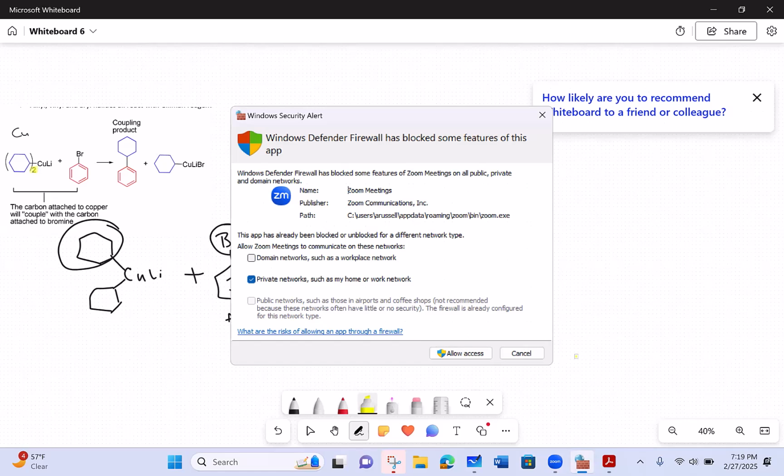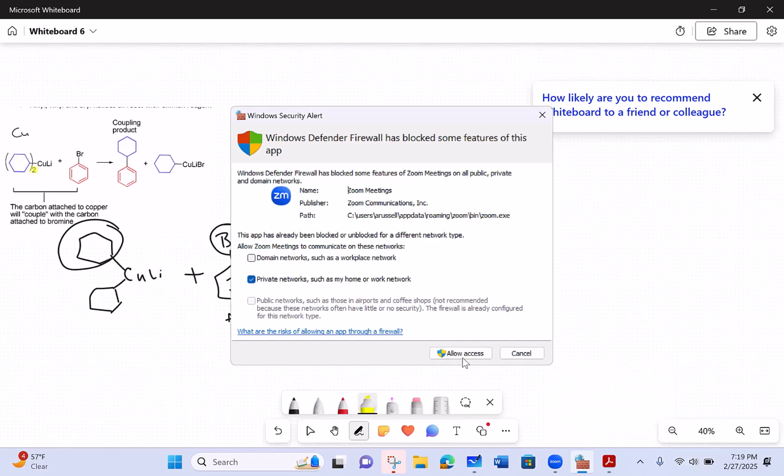So is it the coupling? Is it the addition to carbonyls? Because we've talked about this in terms of only 2 applications, right? Coupling reactions and then carbonyl additions. So which one is the most problematic? I'm looking at the sheet that we had.